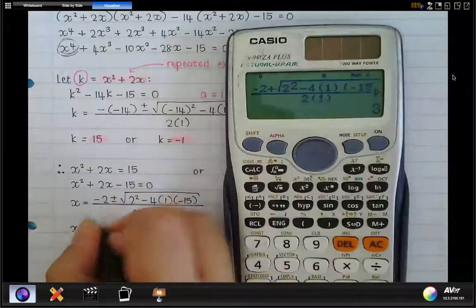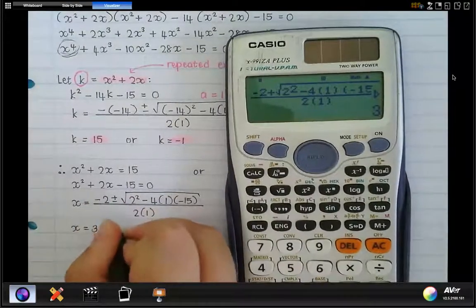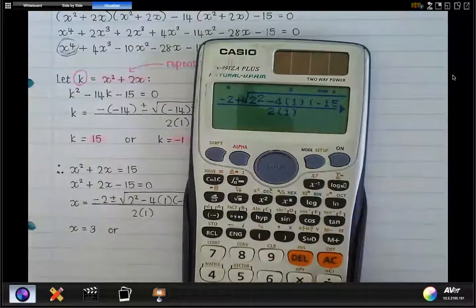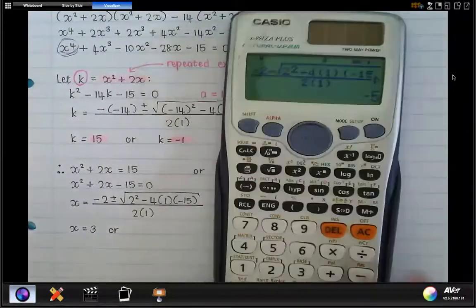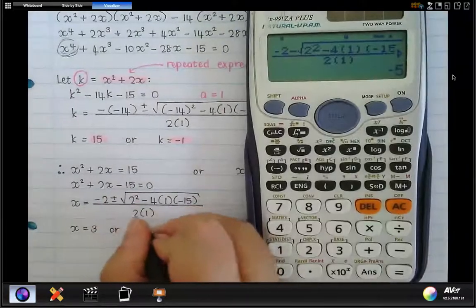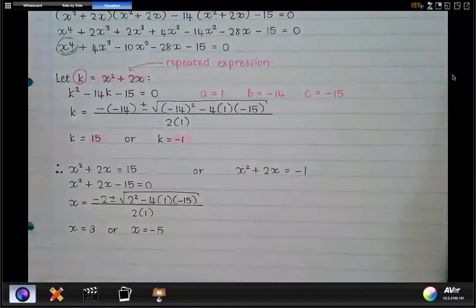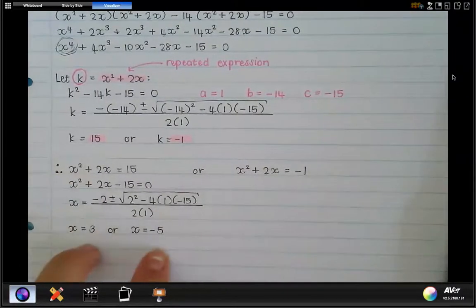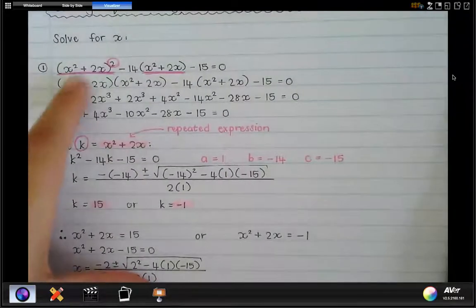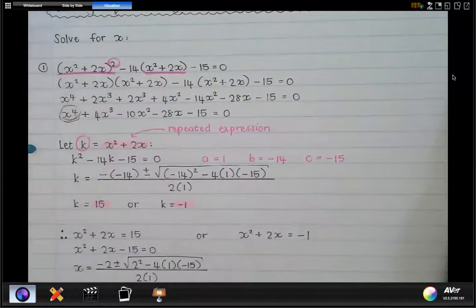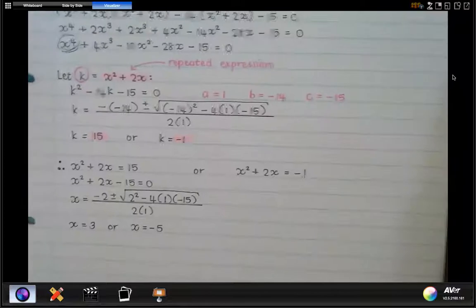So we're getting x is equal to 3, or we go with our arrow and change the plus to a minus, and we're getting x is equal to negative 5. Guys, we know that in a quadratic equation, we're supposed to get 2 answers, right? But remember that this original equation is actually not a quadratic equation. It's actually a 4th degree equation, meaning we're supposed to get 4 answers.